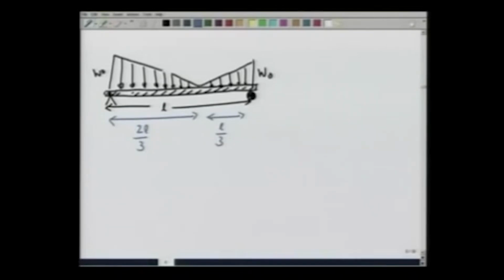I wish to calculate the reactions at the pin joint and at the roller.